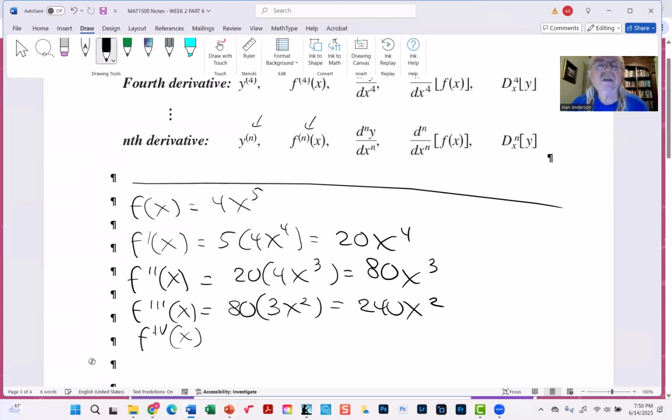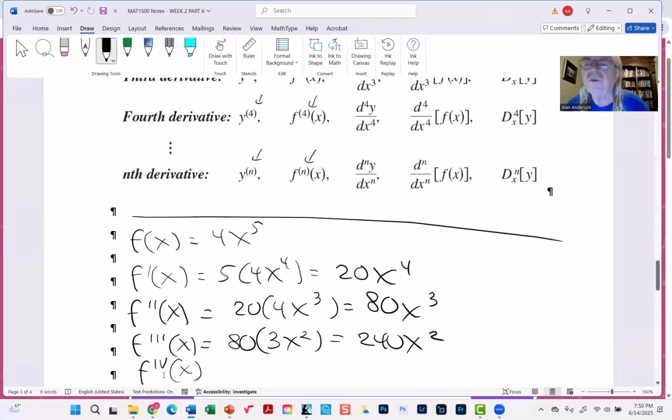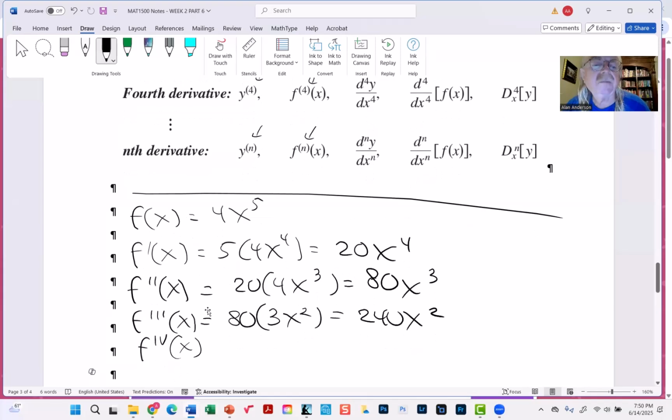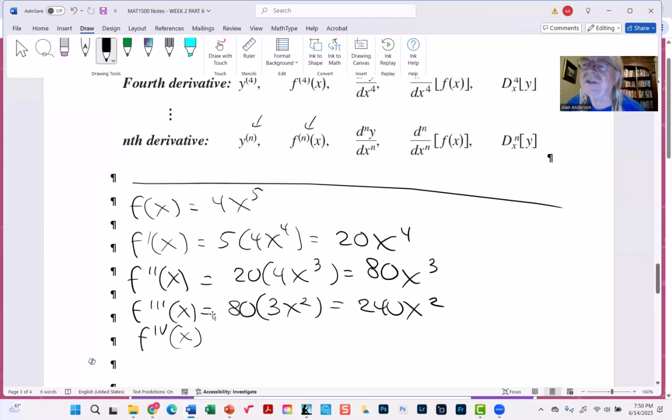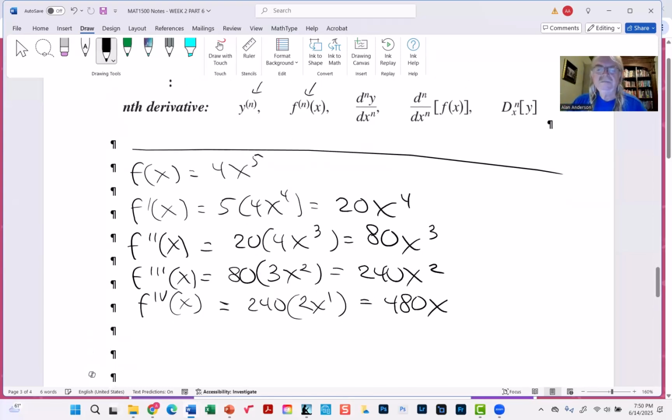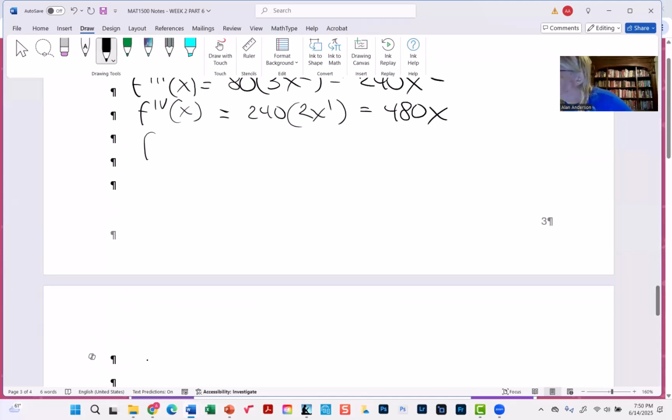actually, I just realized some books, you notice how I wrote this Roman numeral here. Some books use Roman numerals when you get to the really high order derivatives. I kind of like that notation, so I'm going to stick with it. And then the fifth derivative is going to be 480.